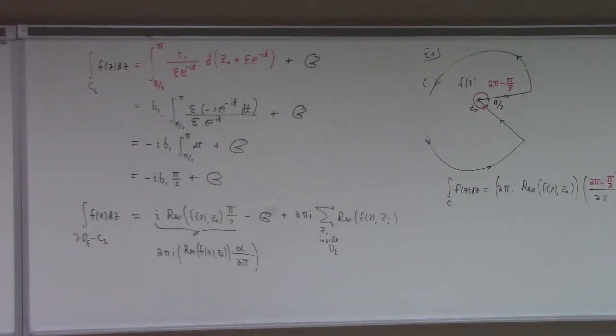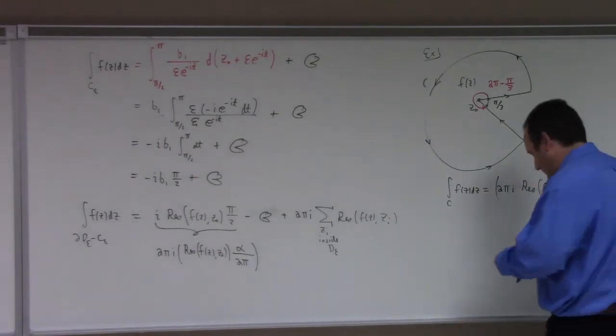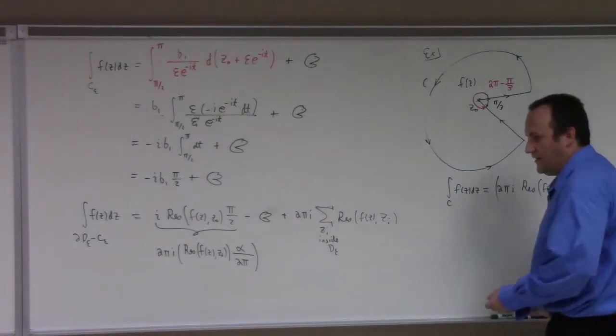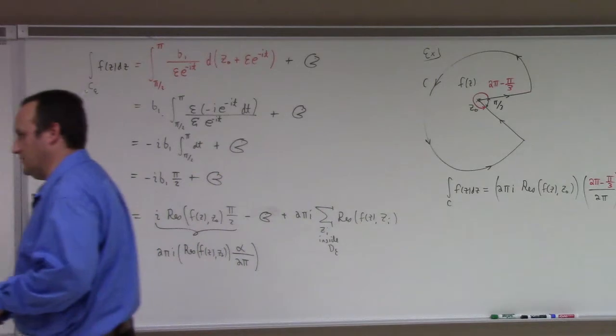I guess it matters which corner, that's ambiguous without writing the rest of it, because this and this are different. So that one has alpha equals pi over 2, and this one would have alpha equals 3 pi over 2. And I think I need to make both of those larger curves counterclockwise.